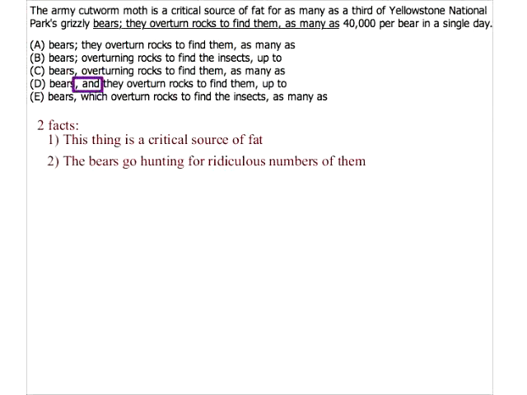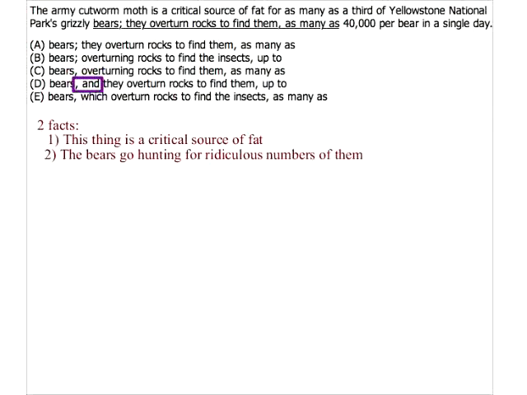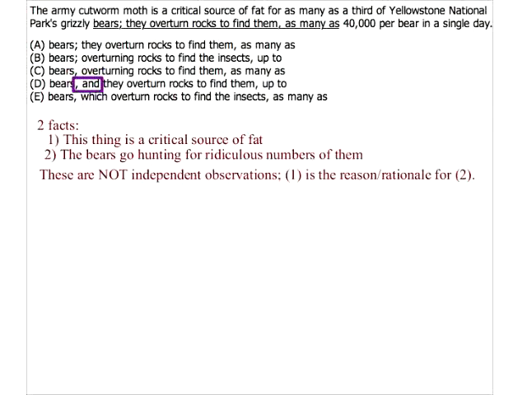So, okay. These are not independent. I mean, one of them is kind of an extension or an explanation or a detail about the other one. These are not independent observations. Number one is the reason or rationale for number two. So therefore, "and" is not really an appropriate connector.